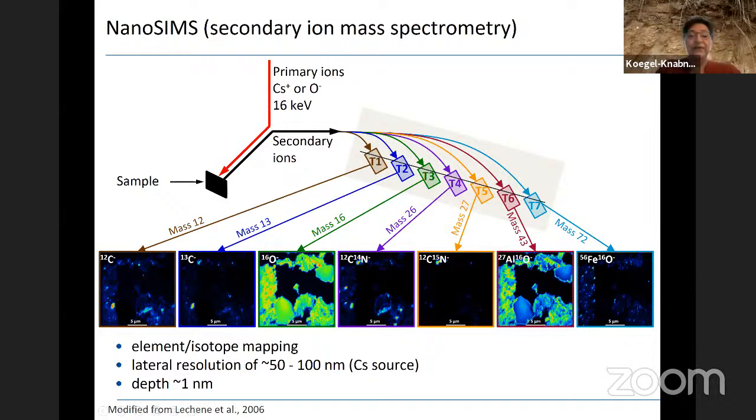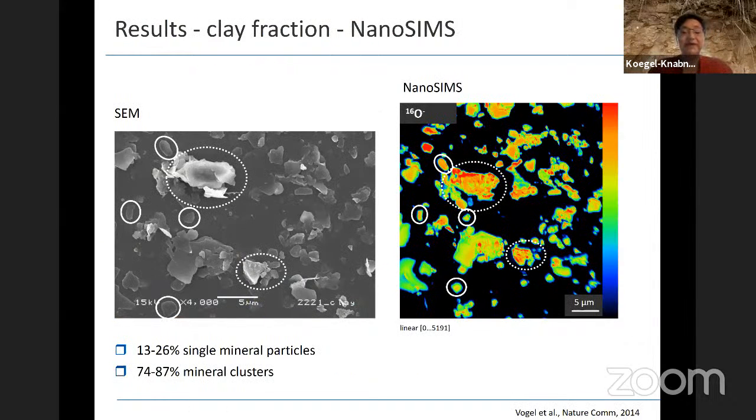So when we look at the results from this experiment, we see that we have only some single mineral particles, but mainly mineral clusters, like you see here. This is a scanning electron microscope image, and here the same spot in the NanoSIMS then.